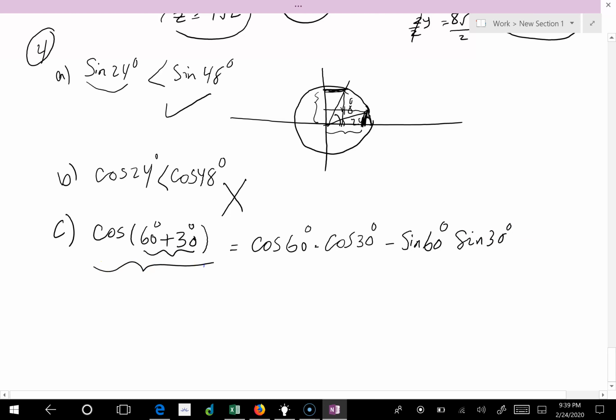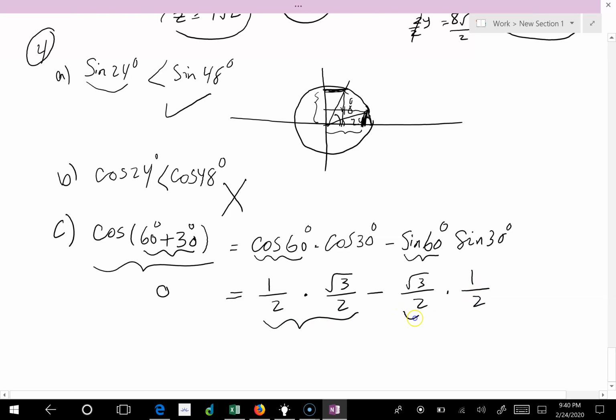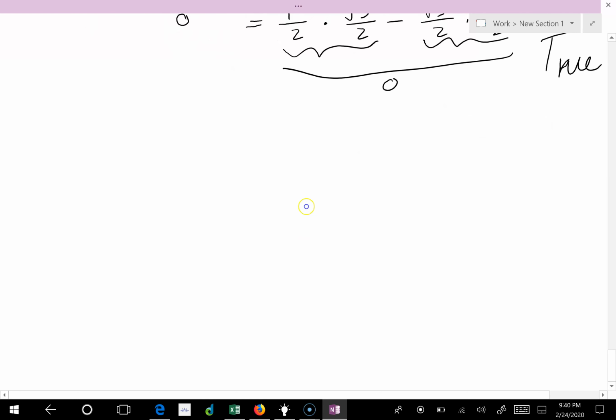Cosine of a 90-degree angle is 0, equals cosine 60 is 1/2, cosine 30 is root 3 over 2, minus sine 60 is root 3 over 2, sine 30 is 1/2. These are the same thing subtracting. So the whole thing when you subtract is 0. Okay, next question.